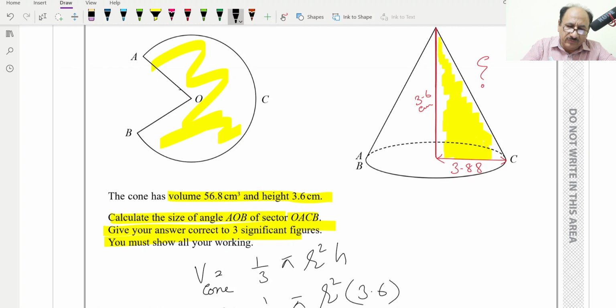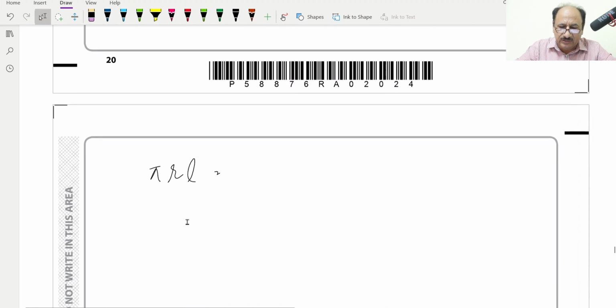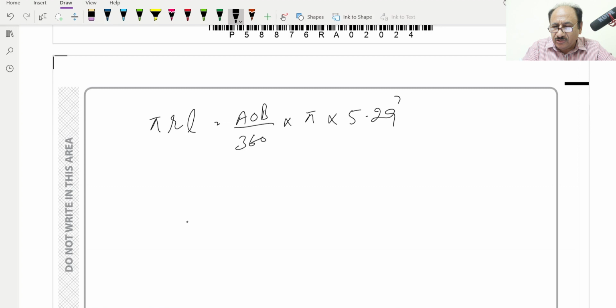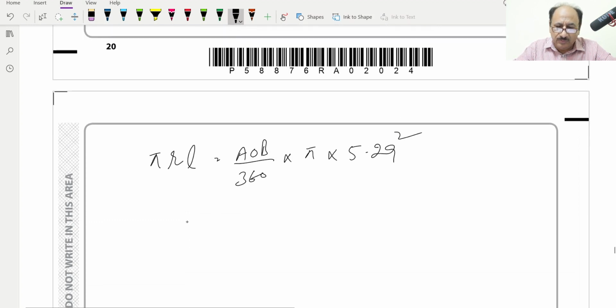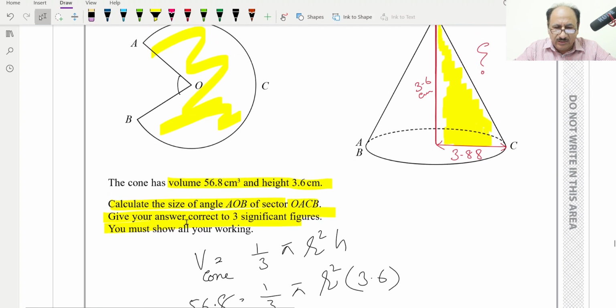So basically we have to find angle AOB, so we will write AOB over 360 multiplied by pi, and r squared, where the r value is 5.29 squared, and this will give AOB. They are saying calculate the size of angle AOB of the sector OACB.